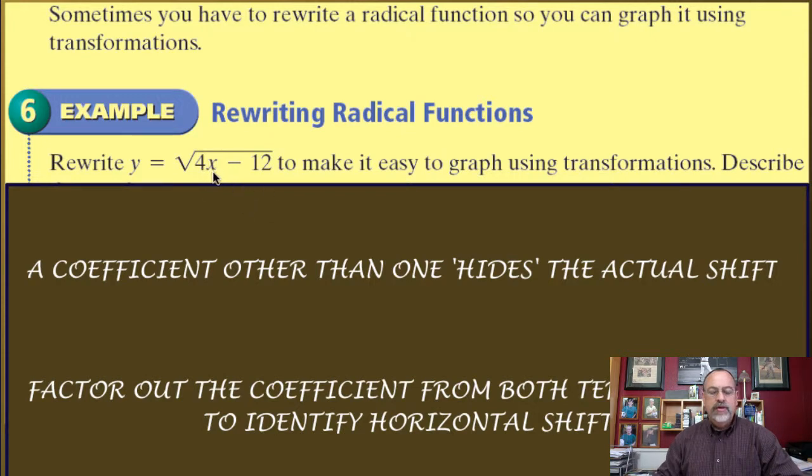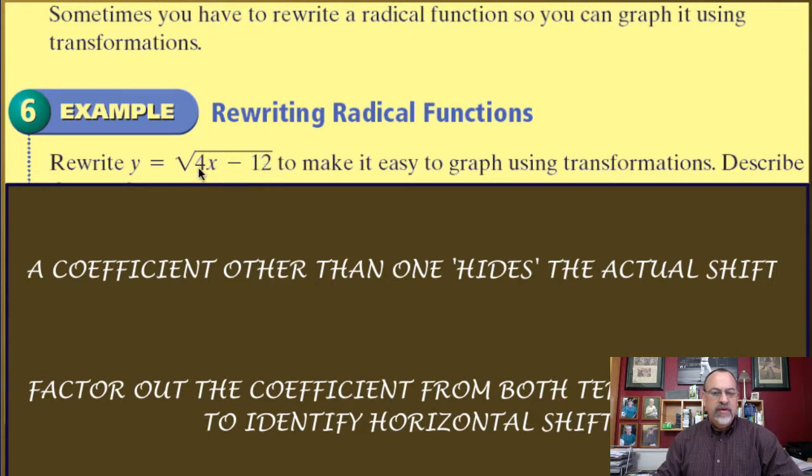And the funny thing that happens, I guess, if it's funny, not haha funny, but interesting, is when you apply a horizontal stretch to a graph, you're multiplying the x value by 4, it also affects the horizontal shift of the graph. So this 4 is affecting the shift as well.